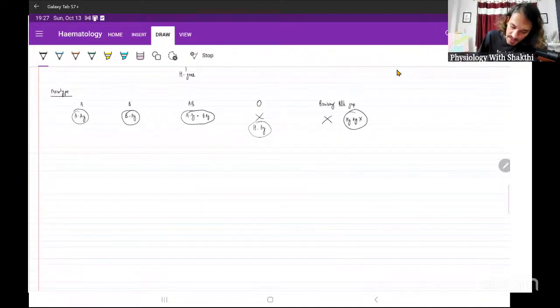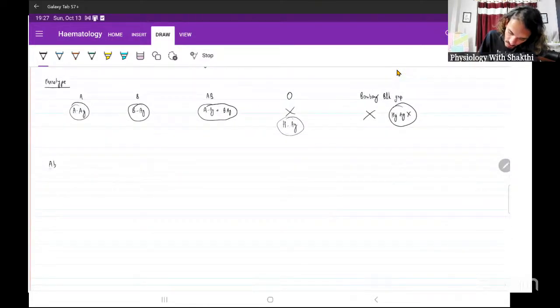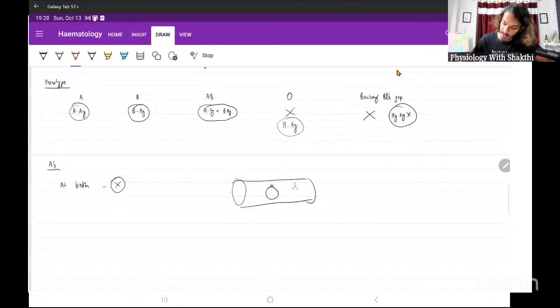So actually, the antibodies which are formed here, at birth, there are actually no antibodies in the blood. So a person is there, this blood has, say, A antigen. His self antibody is not going to be there.